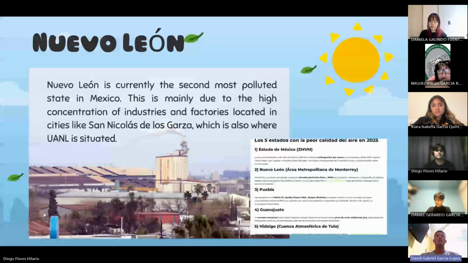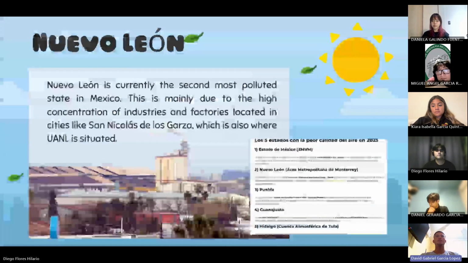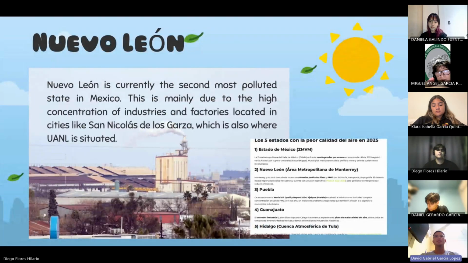Now, talking about Nuevo León, there are many articles which state that Nuevo León is the second most polluted state in Mexico. This is mainly because of the concentration of industries which reside in the center of the metropolitan area of the state.